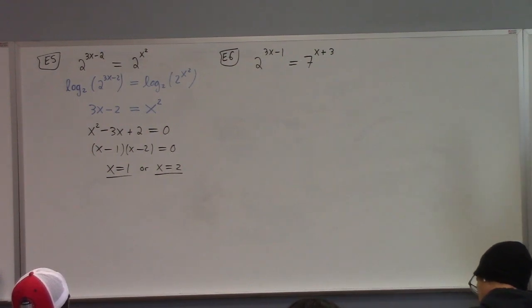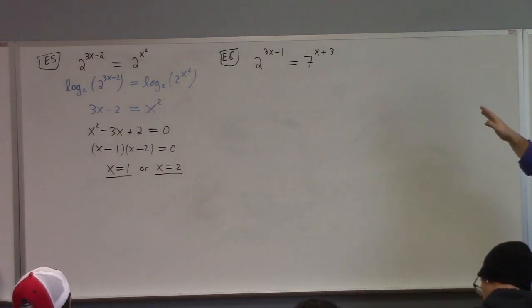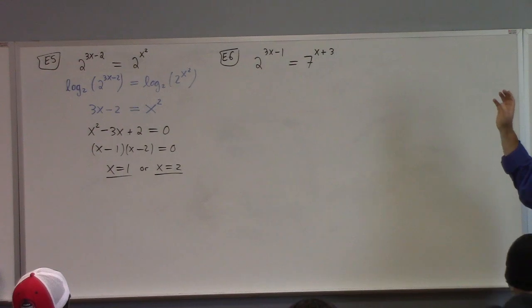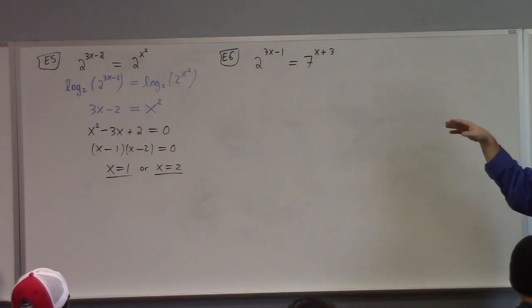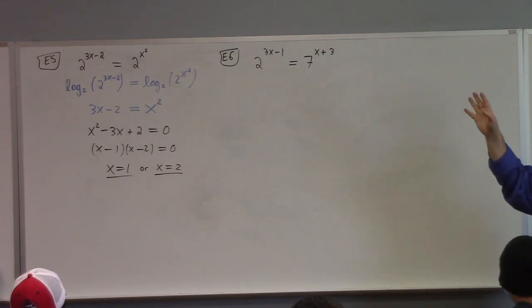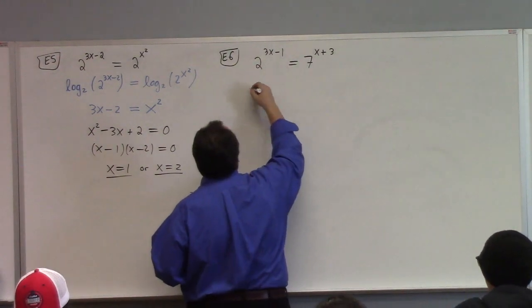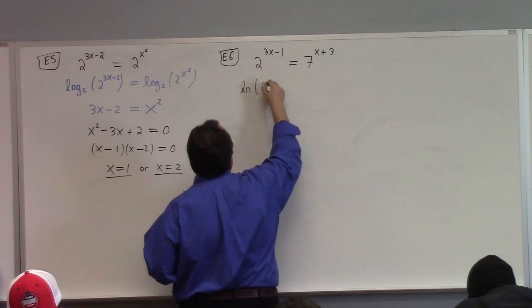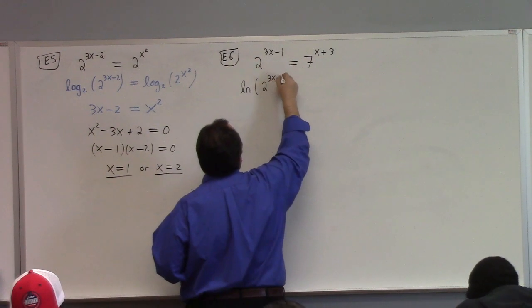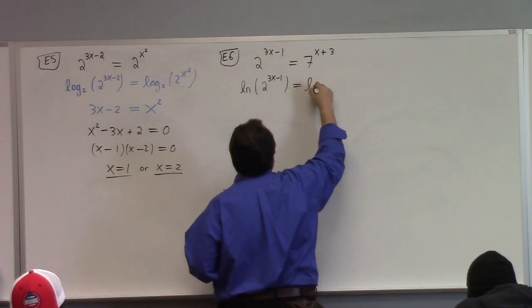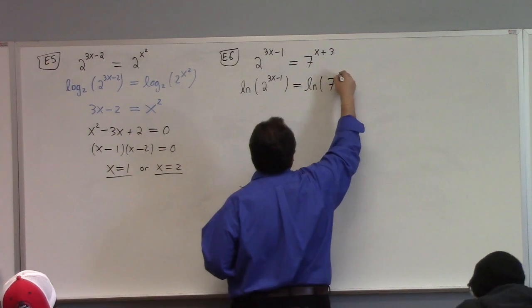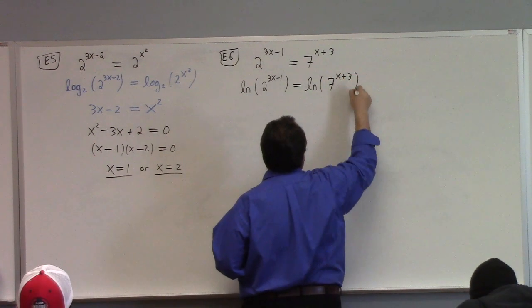There's a big old honkin' natural log button on all of your calculators. So, just to be equally rude to 2 and 7 at the same time, I'm going to take the natural log of this equation. Natural log of 2 to the 3x minus 1 equals natural log of 7 to the x plus 3.